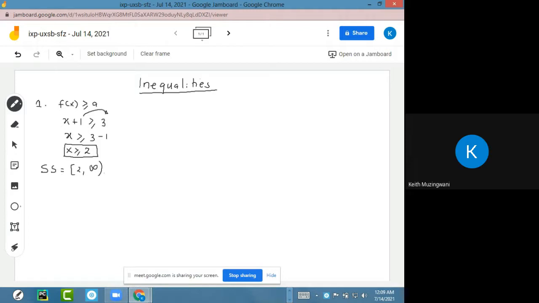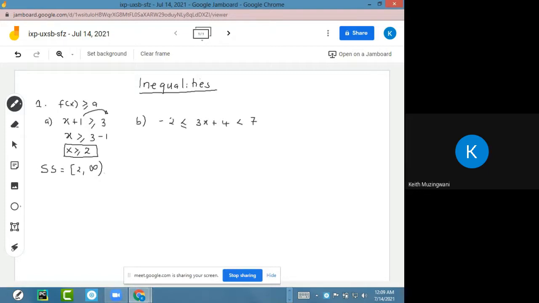Or another example, so this was A. B, I can have negative 2 here, less or equal to 3x plus 4, which is less than 7.